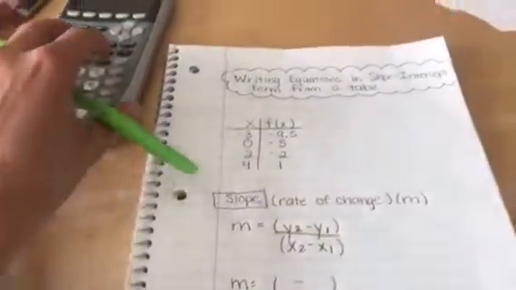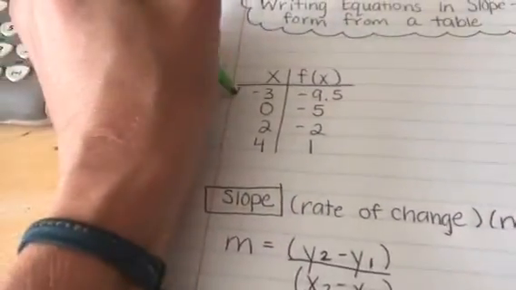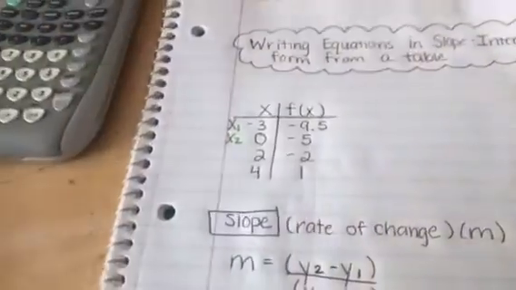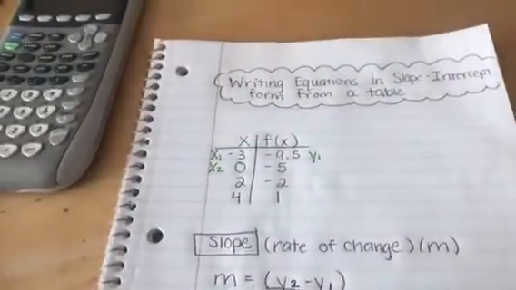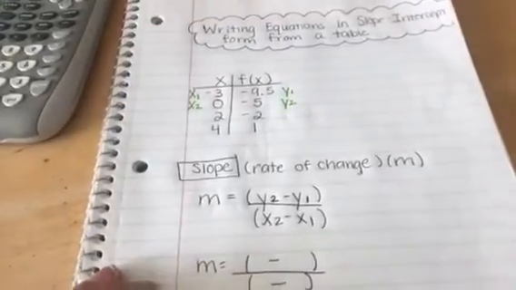So let's go up to our table. We've got 4 x's, we need the first one, that's x1, and the second one, that's x2. Then we need the first y, that's y1, and the second one, y2. All right, now we're just filling in the numbers.